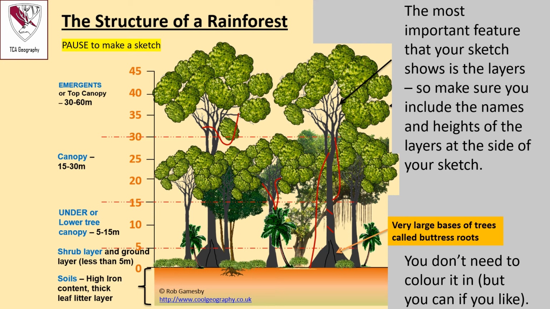We're used to roots being below the ground, but remember that the soil is actually quite thin and infertile, so there's not much point in the roots going deep into the ground because there is very few nutrients in the soil to get out. Most of the nutrients are in the leaf litter layer, which is the very top of the soil.